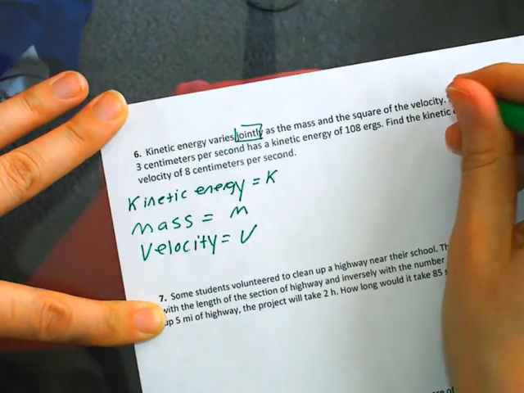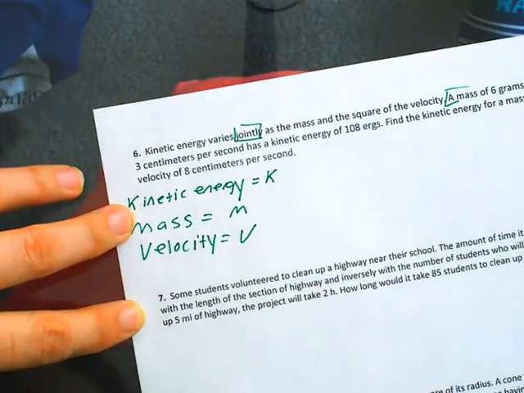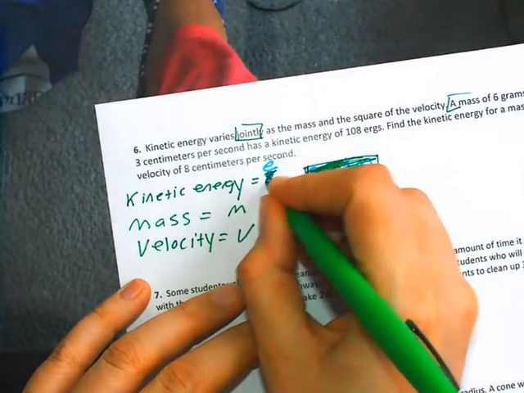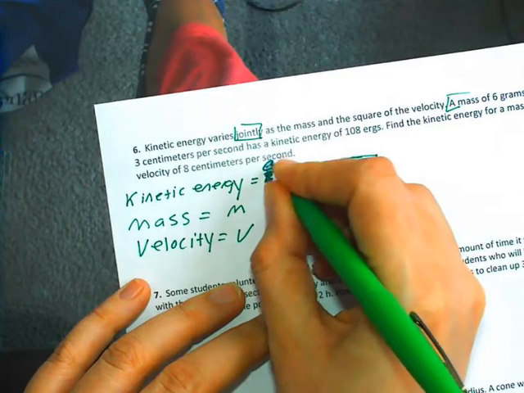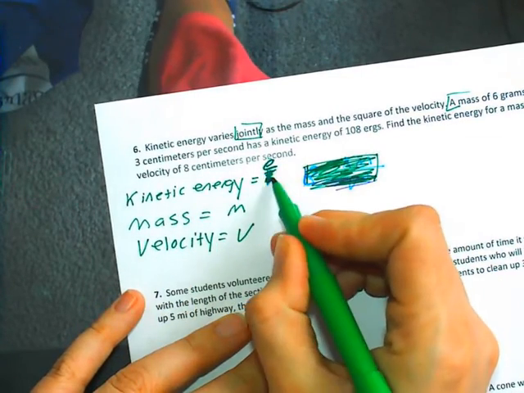Okay, so I'm not even going to go any further than that. So I've got my variables assigned. Now I need to write my equation. Before I write my equation, I want to change this variable because we know that we use K for our constant. So I actually want to change kinetic energy to E instead of K.